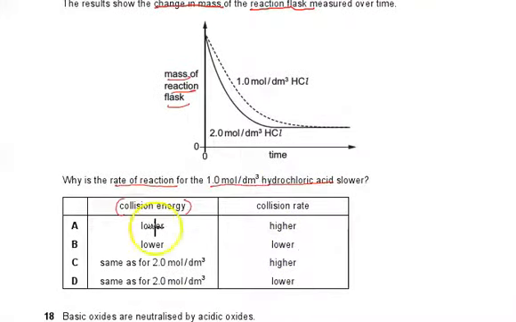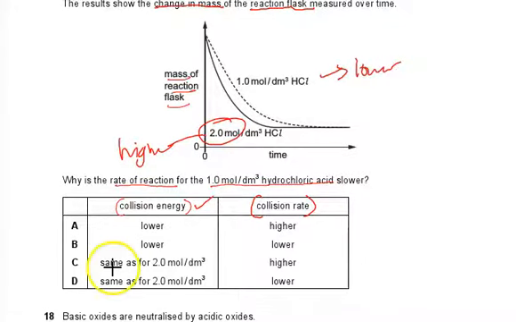So the collision energy and we have a collision rate. So collision energy, no matter what concentration we are going to use, the collision energy remains the same. Okay, but the collision rate will differ, slower or higher. So the more concentration, we will have a higher collision rate, and lower concentration, we will have a lower collision rate. So it should be D as your answer.